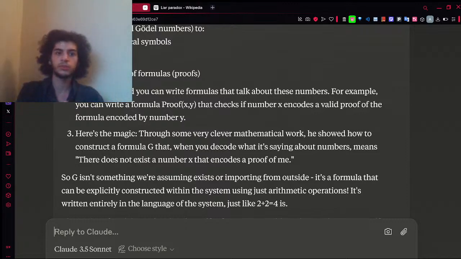Then you show that you can write formulas that talk about these numbers. So you can write a formula that checks if number X encodes a valid proof of the formula encoded by number Y.